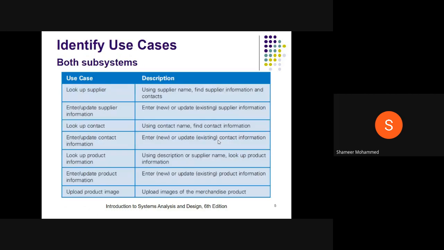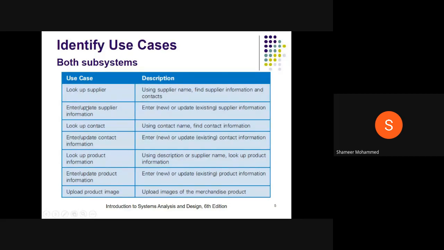This is the use case for the supplier information system. What are the subsystems in the library? Can you tell me, anyone? So here in this RMO company, look up the supplier. Look up means searching the supplier. You can type the supplier name and get the contact of the supplier.